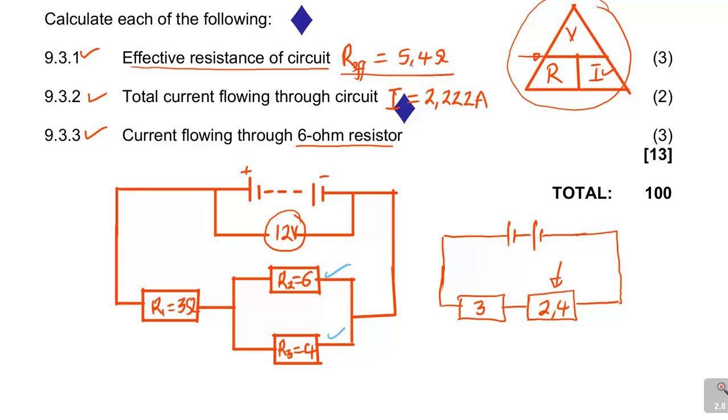Now, with resistors in series, you need to know something.